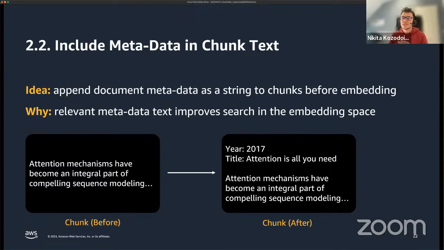So if there is some potential information in your metadata attributes that contain similar or related terms to what you are searching for, this will probably help you to pinpoint those chunks better when you do the search in the embedding space. And that would be technique number 2. So if you have metadata or if you don't have metadata, generate it and try to make use of it when you're ingesting the documents.